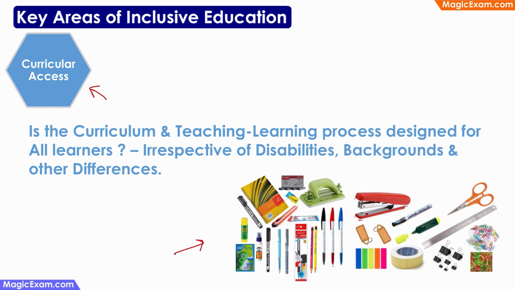Now, the people who design such activities should take into consideration that if children from different economic backgrounds are in the same classroom, can all of them afford to buy this? Because these are expensive kits. Therefore, the curriculum and all the activities in the classroom should be designed so that they are accessible, available and affordable for all the learners, irrespective of disabilities, backgrounds and any other differences.